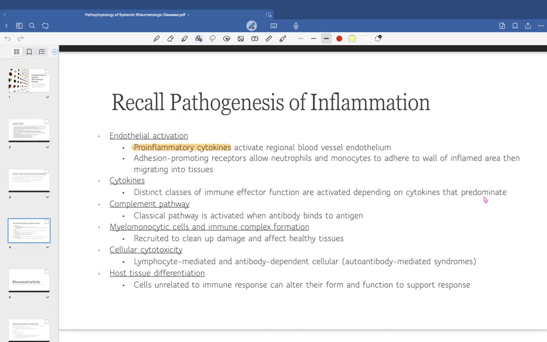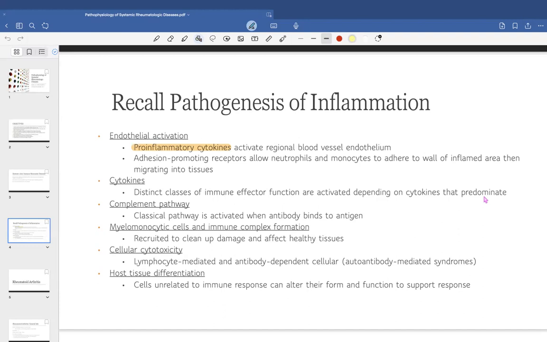Cytokines get released from your immune cells, and they're going to create certain immune reactions, your complement pathway. When you get antibody binding to antigens, you're going to have that complement activation.